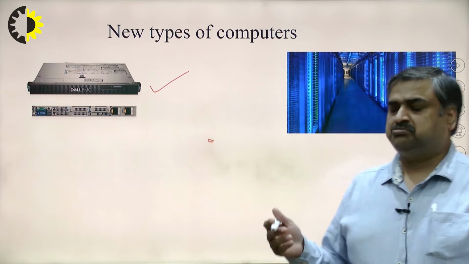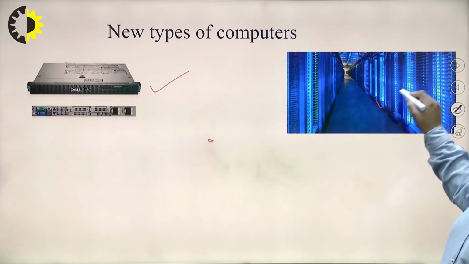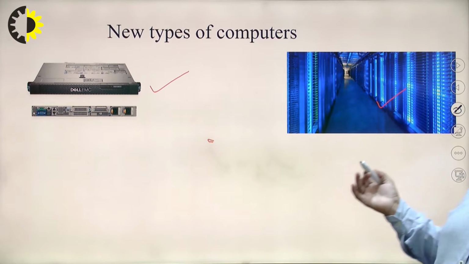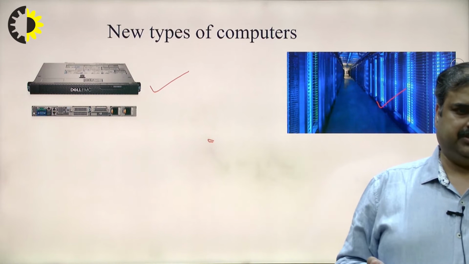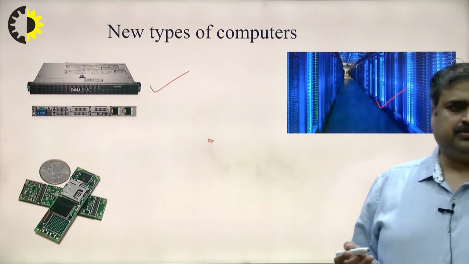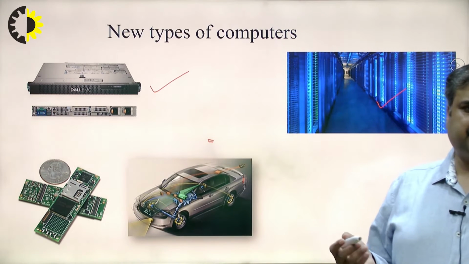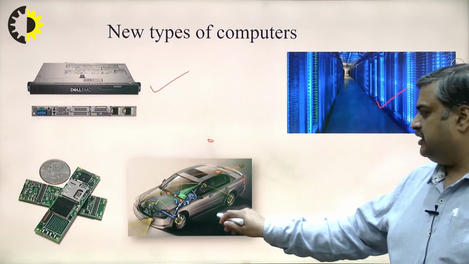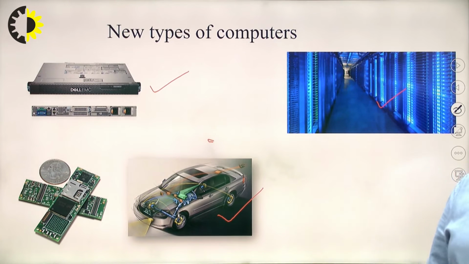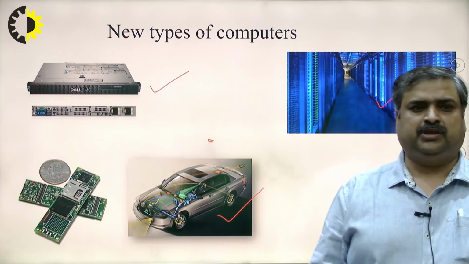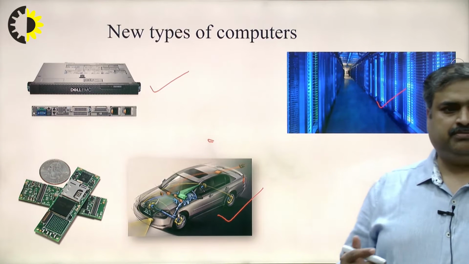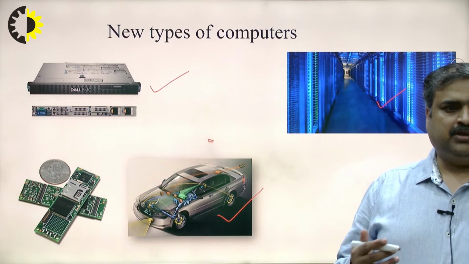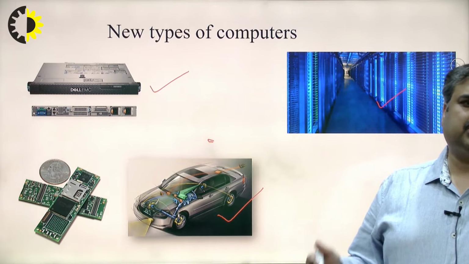Another example is a data center, which performs very high transaction processing per second. Nowadays almost every car has a computer inbuilt in it, and lots of sensors provide signals to the computer.